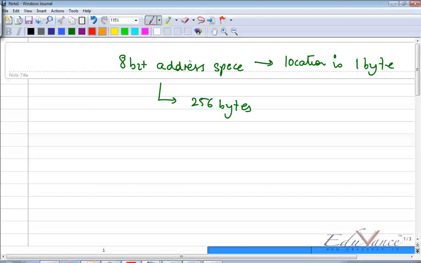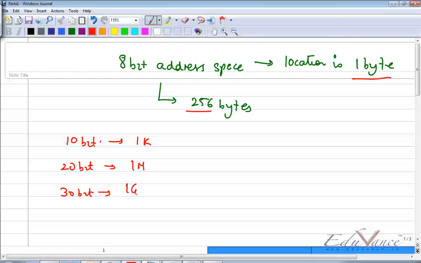This is 256 locations multiplied by 1 byte each. Similarly, if you have a 10-bit address space, then you will have 2 raised to 10, which is 1 kilo. 20 bits would be 1 mega and 30 bits would be 1 giga.